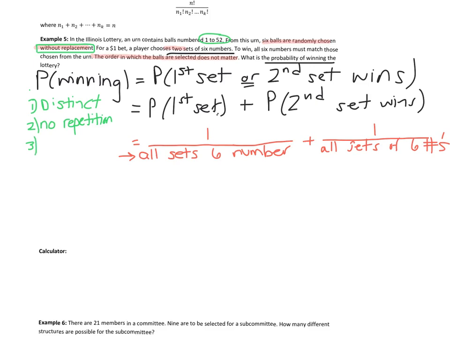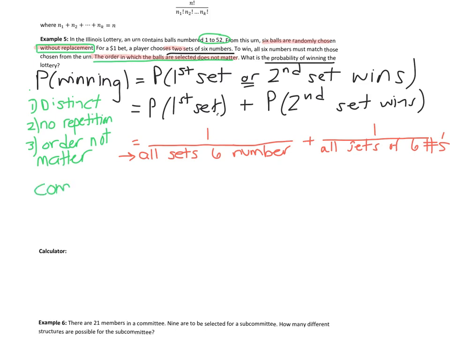And is order important or does order not matter? That's this part. The order in which the ball is selected does not matter. So order, not important. I'll write that. Okay. So is that a combination or a permutation? It's a combination.